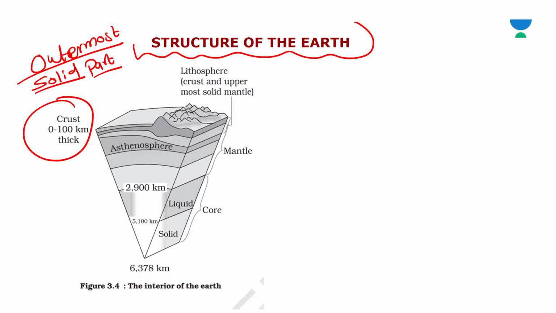Now, oceanic crust is thinner as compared to the continental crust.